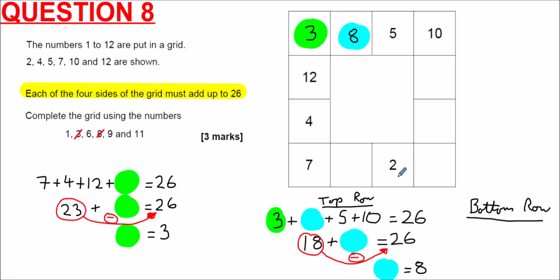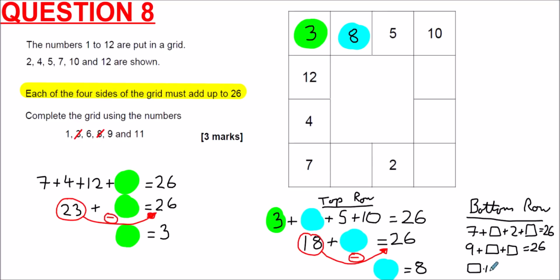7 plus this one plus 2 plus this one needs to add up to 26. 7 plus 2 is 9. And so 9 plus the other two boxes will be 26.